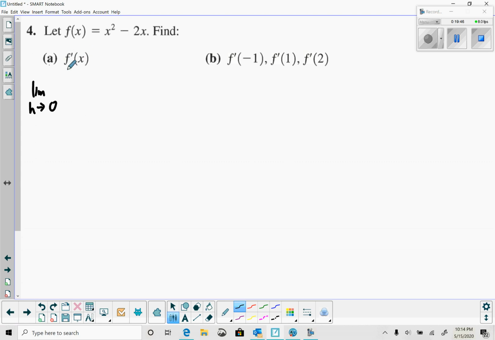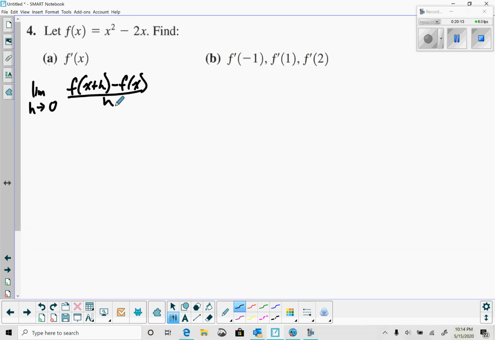They're being very generic. Now I could say a is negative 1, a is positive 1, a is 2, then I have to do the whole thing 3 times. So I'm going to use our h substitution. So we need f of x plus h minus f of x all divided by h.